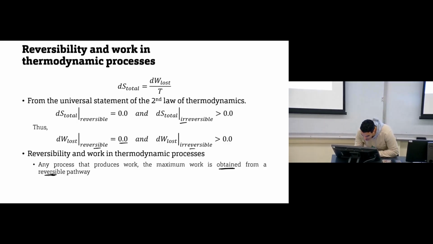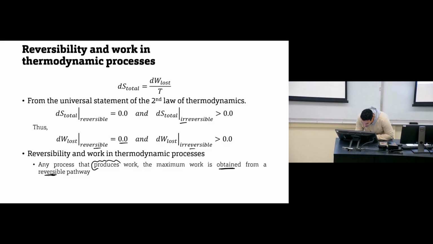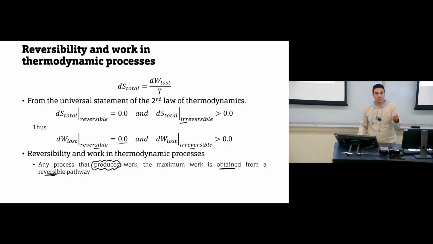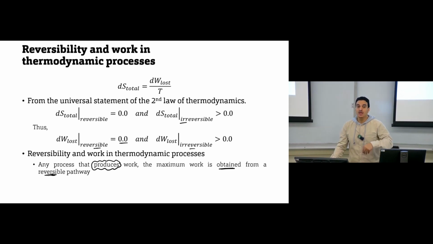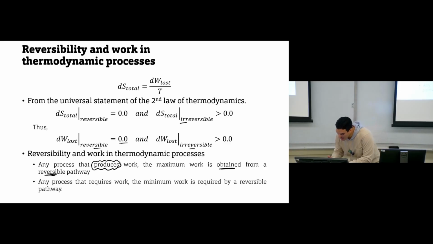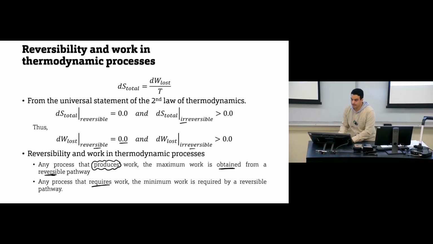So again, if the goal is to obtain work from a process, and you operate this process in a reversible pathway, then this pathway will give you the maximum work you can obtain. If you have a process that requires work and you operate it in a reversible pathway, then the minimum work will be consumed.